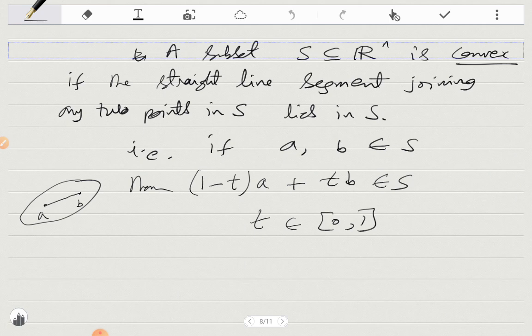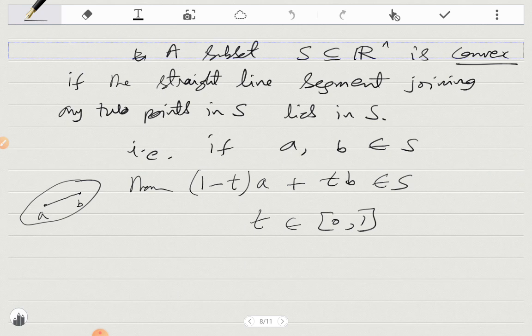So let's recall, in case you don't know, what a convex set is. A subset S in Rn is convex if, whenever you start with any two points in S, the straight line segment between those two points is also contained in S. A formal way of saying that would be: if a and b are in S, then the straight line between them can be written as a parametrized curve in this form.